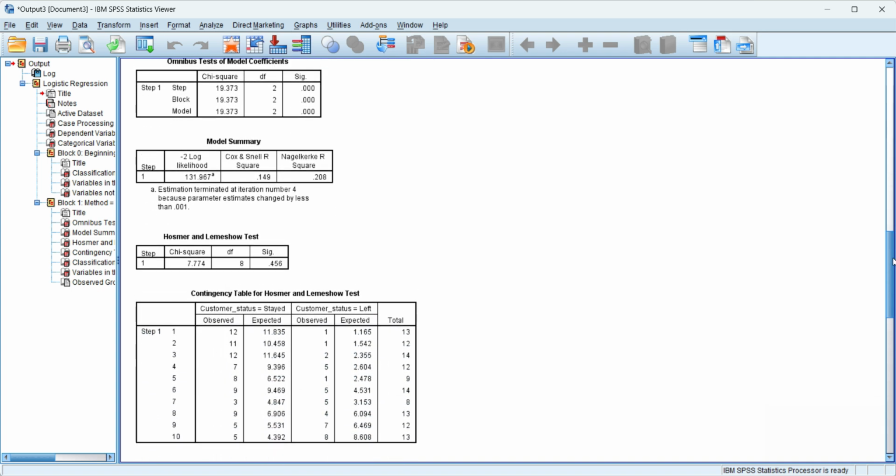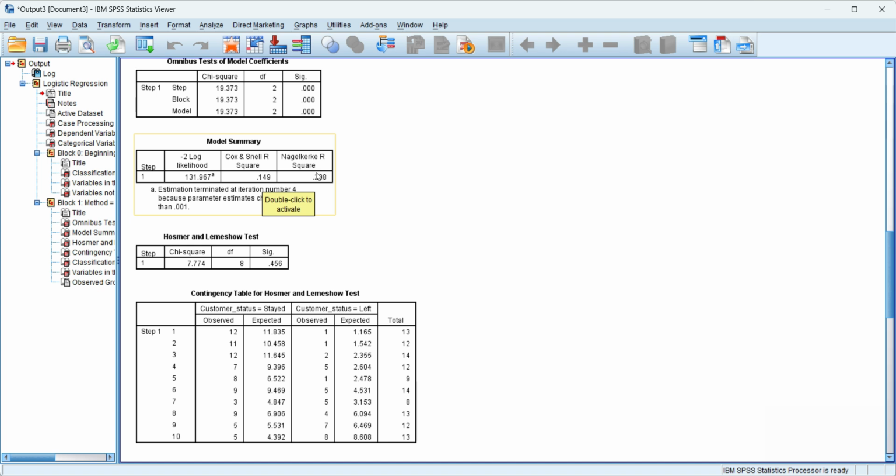Okay, so go to next, model summary. This is very important. In case of both R-square, Cox and Snell and Nagelkerke, we can simply interpret that both dichotomous and continuous independent variables explained 14.9% of variance in customer status.